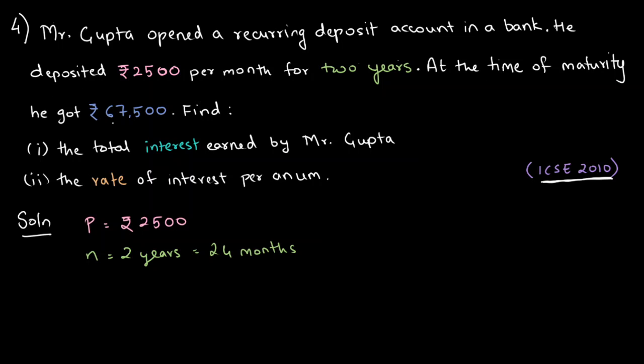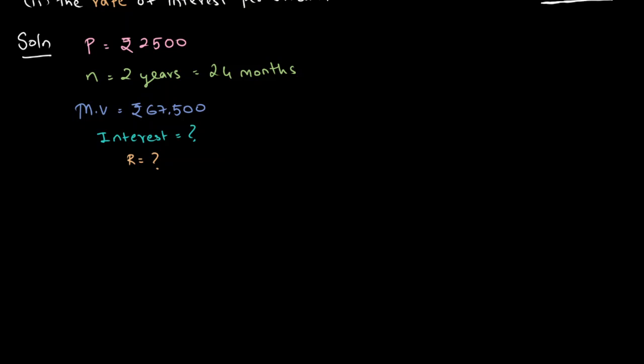So at the time of maturity, he got rupees 67,500. That is our maturity value, MV is equal to rupees 67,500. And we need to find two things. First is the interest that he earns. And the second is the rate of interest per annum, that's nothing but R. All right. Now we've noted down all the information that is given to us. Let's start solving the sum.